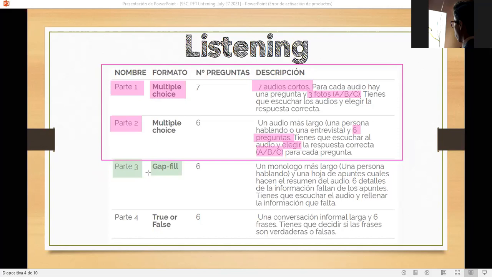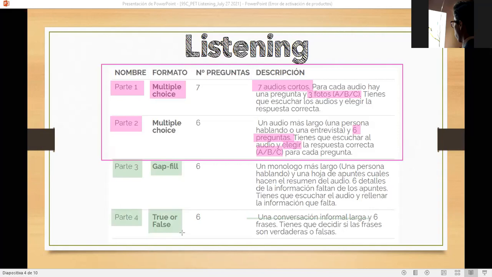You're going to have a blank space and you're going to fill it with the missing word. That's part 3. In part 4, we have a very long conversation, and you will have 6 phrases where you will have to identify if they are true or false.